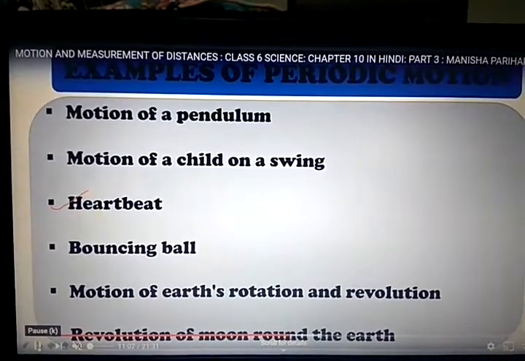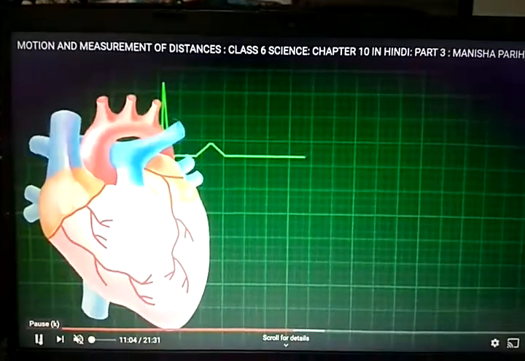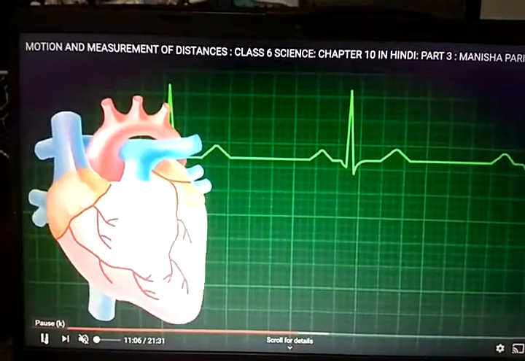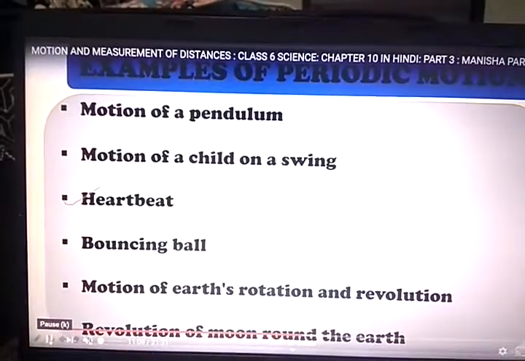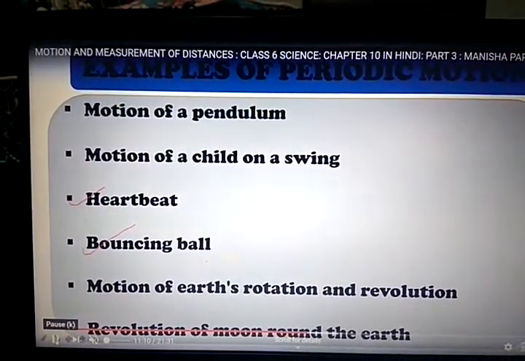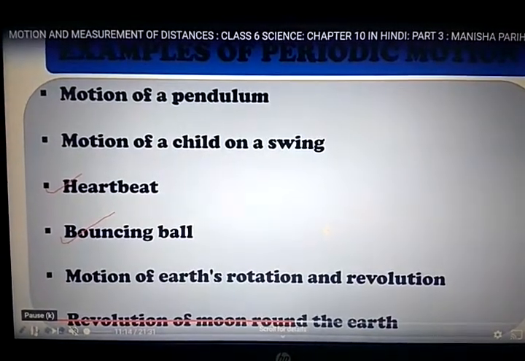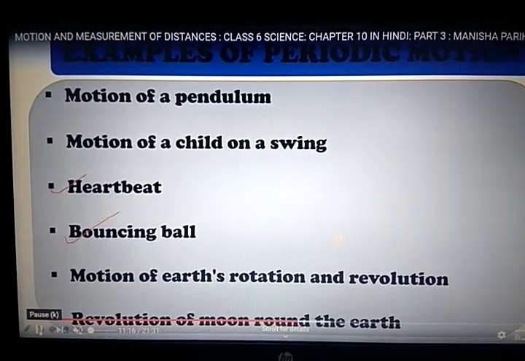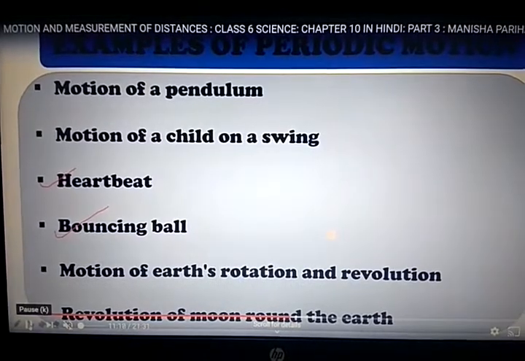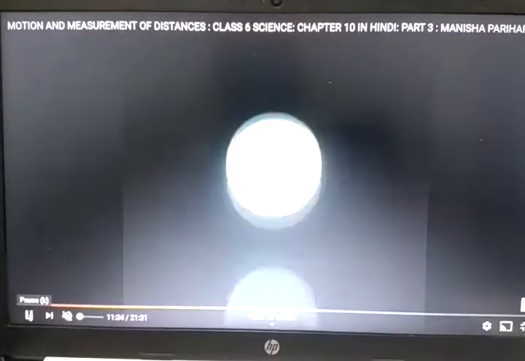These are all examples of periodic motion. Here you see the periodic motion, another example, heartbeats. Bouncing ball.